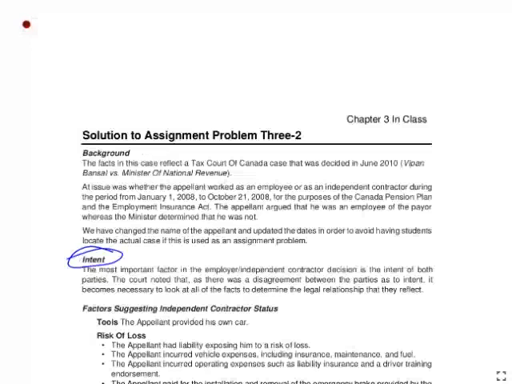The most important factor in the employee versus independent contractor decision is the intent of both parties. The court noted that there was a disagreement between the parties as to the intent. Because of that, it becomes necessary to look at all of the facts to determine the legal relationship.